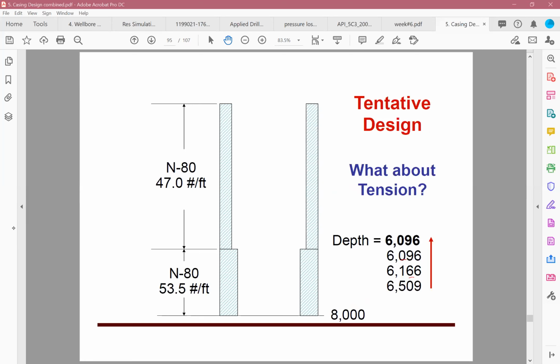And now we need to check for the tension at the surface. How much tension is being applied at the surface? Zero? Zero. Why?